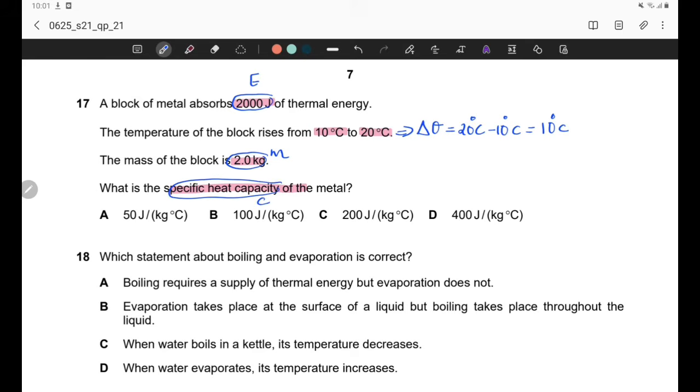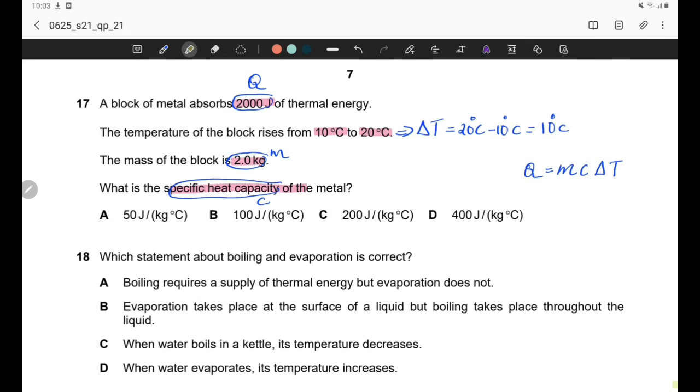So we can use the equation which relates all these terms: the energy required E, or you can use the symbol Q. Thermal energy Q is the product of the mass of the substance times the specific heat capacity of the substance times the change in temperature, delta theta, or delta T. Here I will use the symbol delta T to represent the change in temperature.